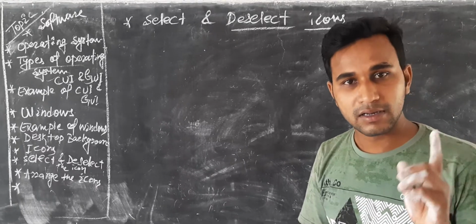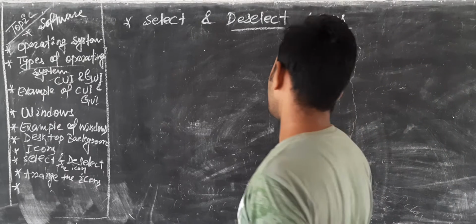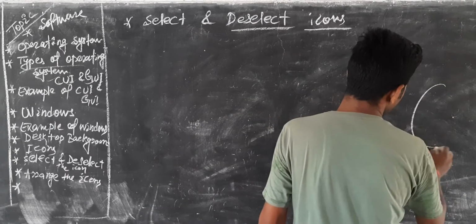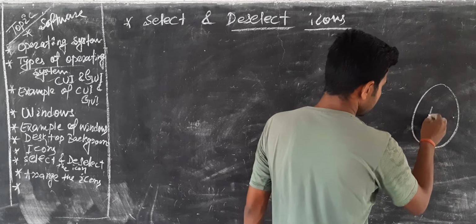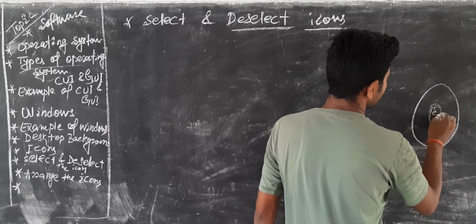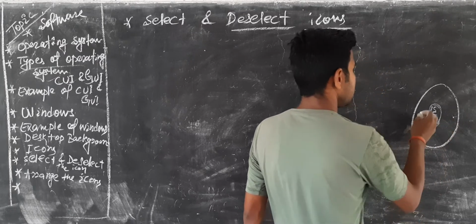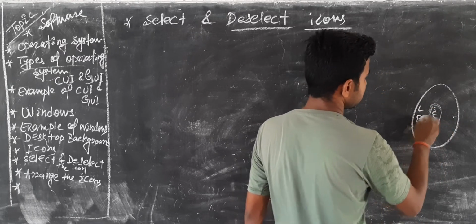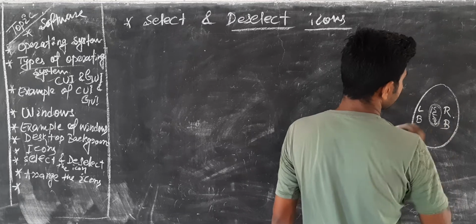Suppose this is the mouse, this is the scroll, this is the left button, and this is the right button.